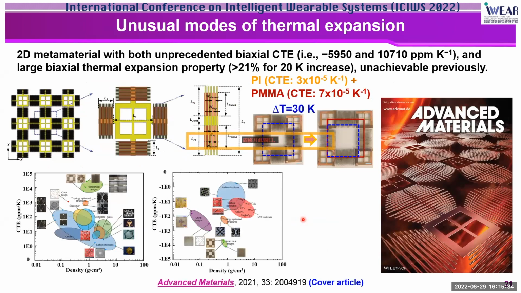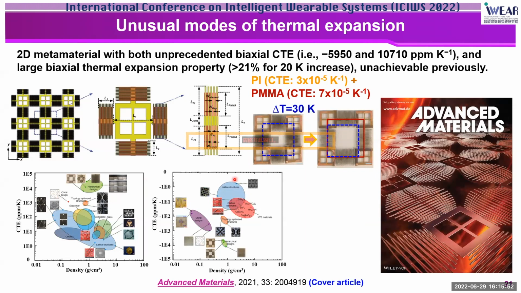And then by incorporating the origami design strategy, the metamaterials can effectively convert the thermal mismatch between two closely packed materials into giant levels of biaxial thermal expansion or thermal shrinkage.